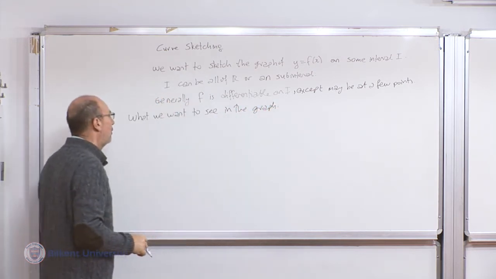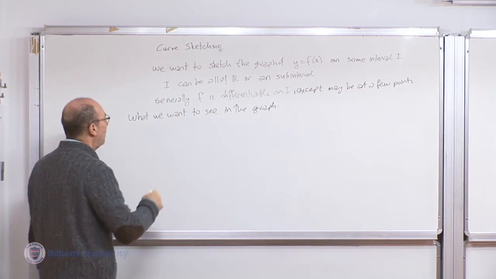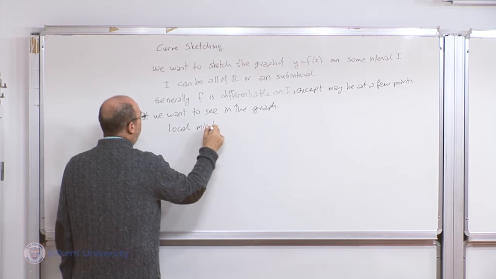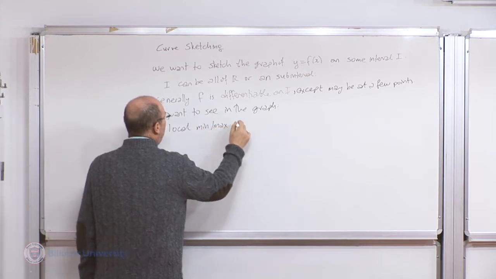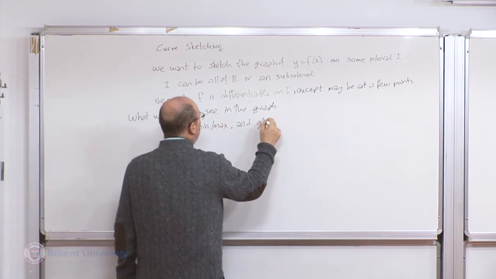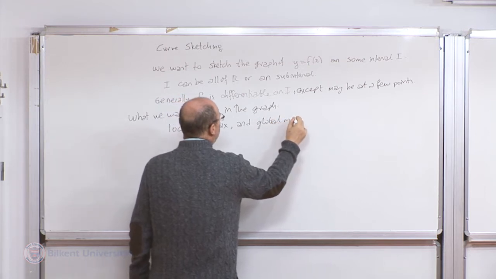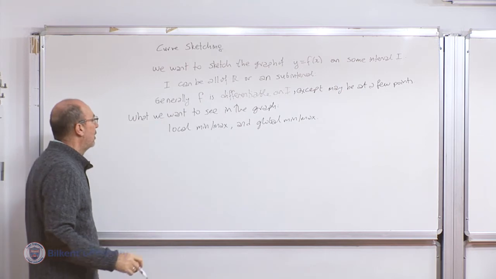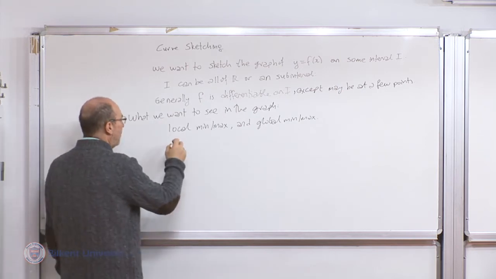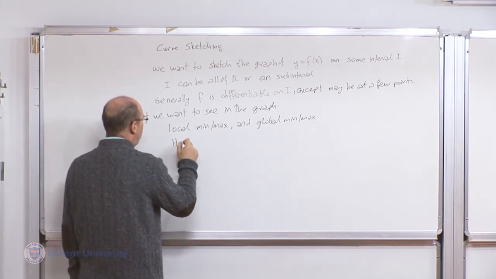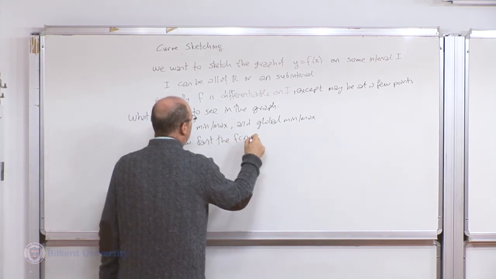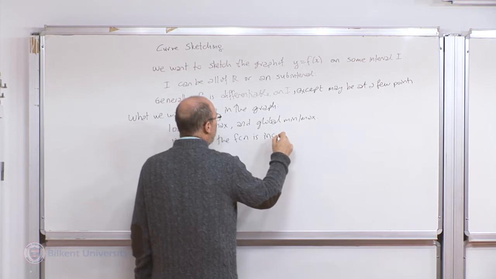Most of all, we are interested in local minima and local maxima, and global min and max, if they exist. And how fast the function is increasing or decreasing.